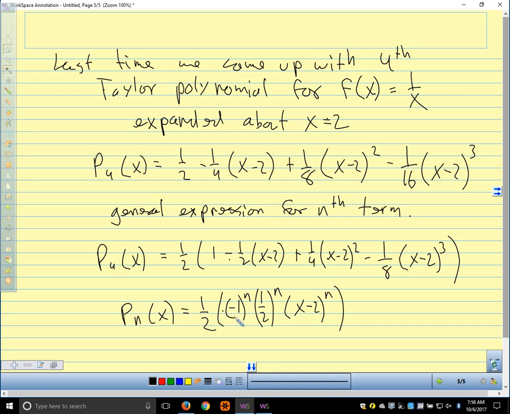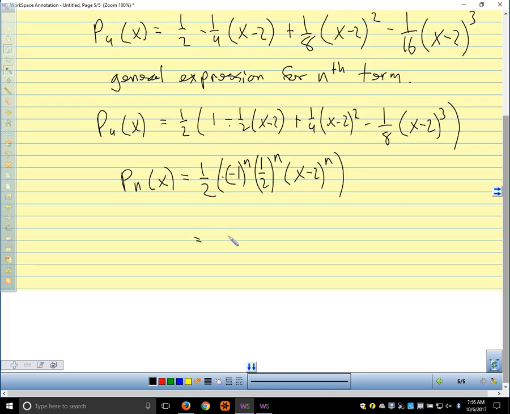And I'm going to combine all of this together, and I'm going to write this as minus x minus 2 over 2 to the n power, and then I have that 1/2 out front.